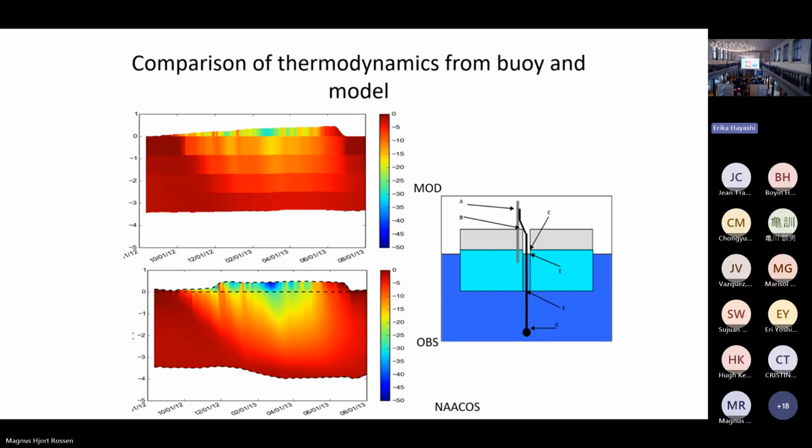And at the same time, in midwinter, the buoy experiences a much colder temperature, again, due to the forcing from the atmosphere. It's also clear that the further down you get, the less affected are the temperatures of the ice and snow, which is what we want to see.